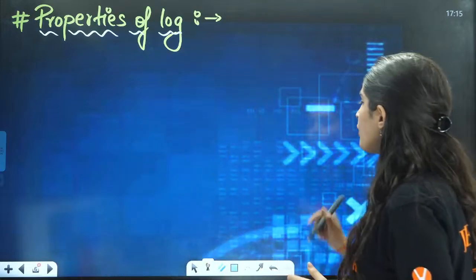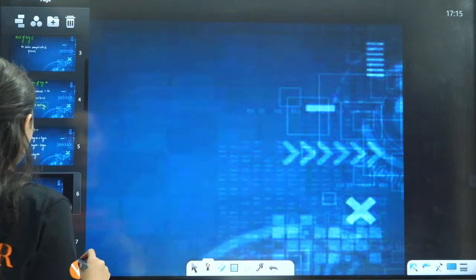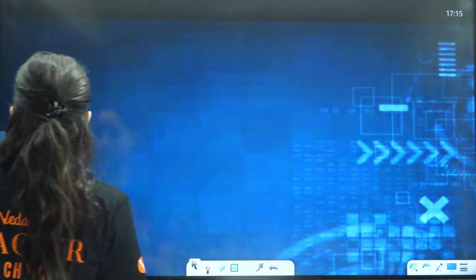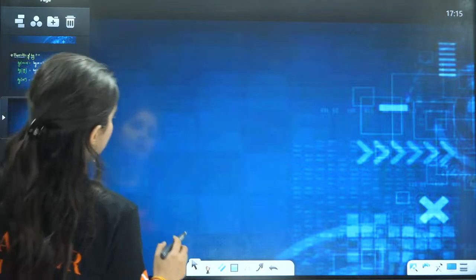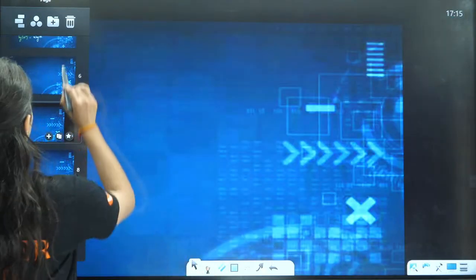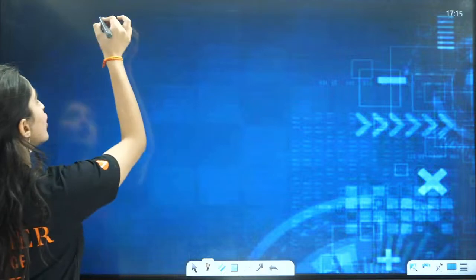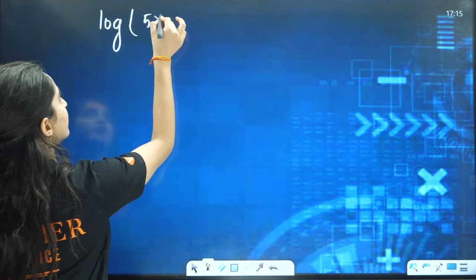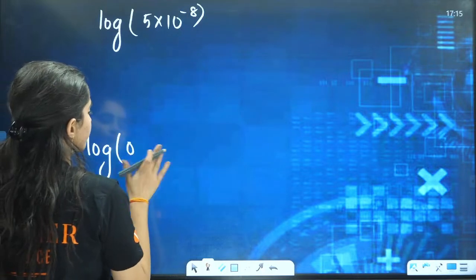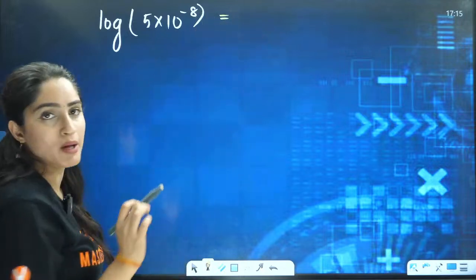Now, let's apply these properties. For example, you need to tell me how to solve this: log of 5 into 10 raised to power minus 8.